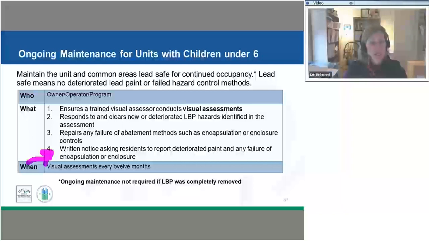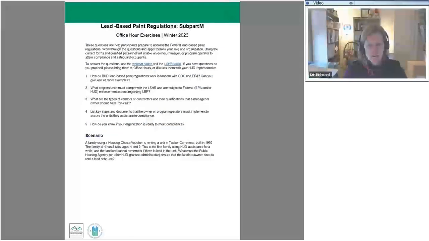All right, there was another follow-up question here. Not sure if it was on your exercise or not, but what if the kids were 8 and 10? What if we didn't have a child under 6 that was going to reside in the unit? Well, if the children are older, if they're 8 and 10, then the lead-safe housing rule does not apply for tenant-based rental assistance.